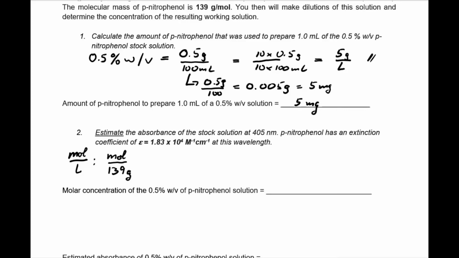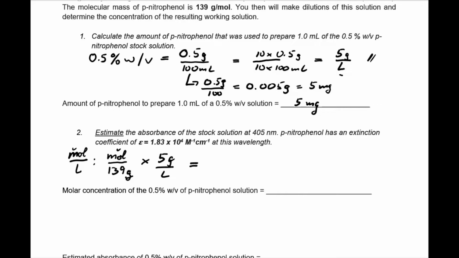Now the mole is in the right position here, but I need to get rid of the gram unit here, and I can do that by multiplying this with the concentration that we just calculated here, because then I will cancel out the grams. So 5 gram per liter. The grams cancel out, and I have left the unit mole per liter, and that is exactly what I want.